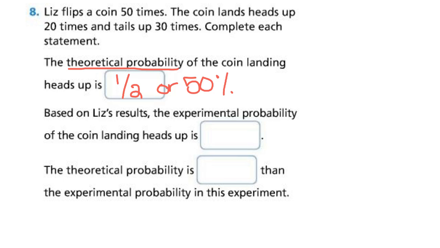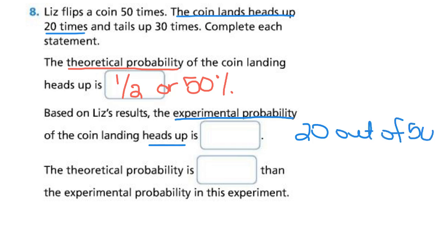But based on Liz's results, we want to look at the experimental probability of the coin landing heads up. The coin landed heads up 20 times. So it landed 20 out of 50 times. So 20 out of 50 is 2/5 or 40%.